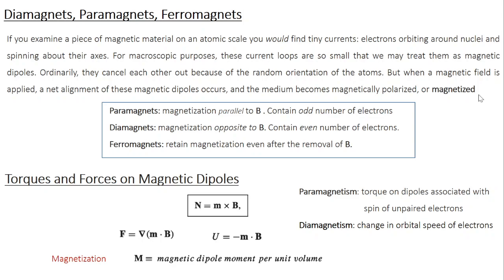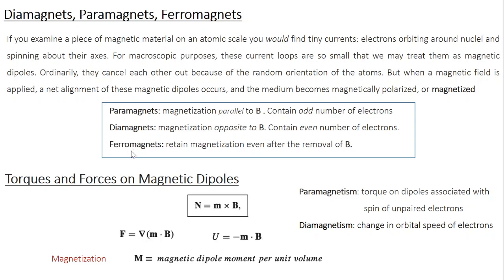And depending on the orientation of magnetization, you can classify materials as paramagnets, diamagnets, and ferromagnets. In the case of paramagnets, the magnetization is parallel to the applied magnetic field. On the other hand, in the case of diamagnets, magnetization is anti-parallel to the applied magnetic field.